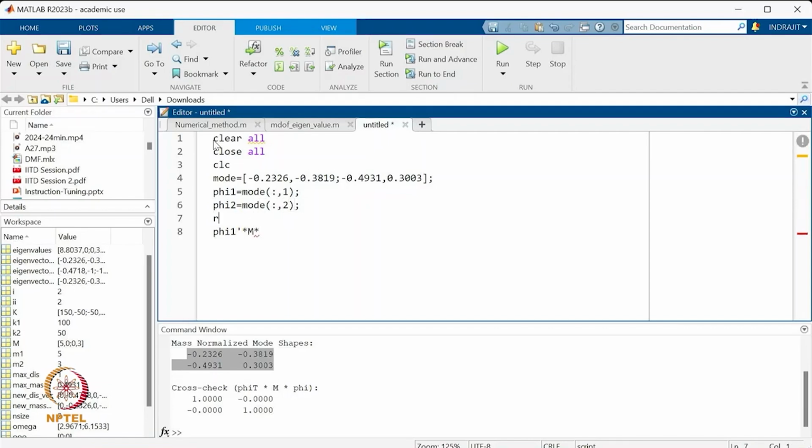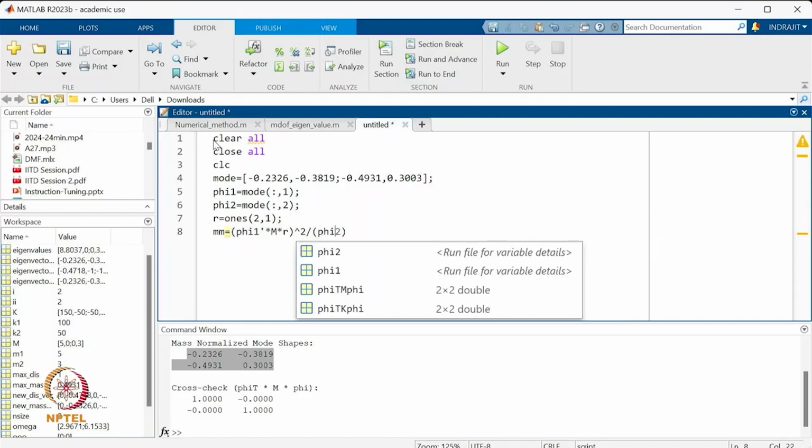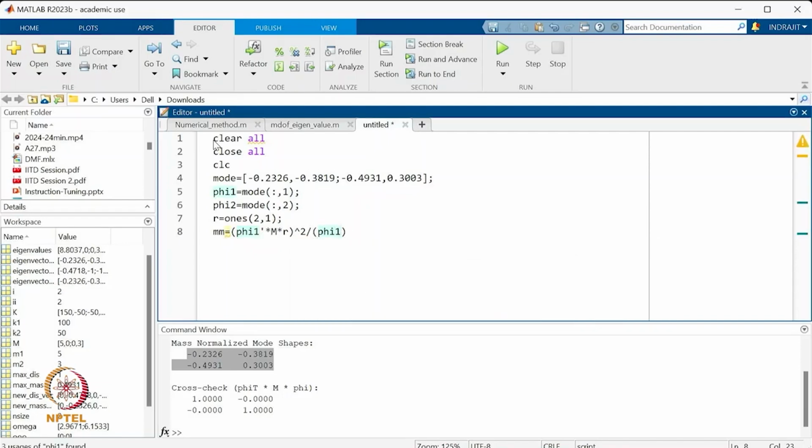So R will be equal to [1; 1] ones, into R. So M1 will be equal to this one squared divided by phi1 transpose into M into phi1. Okay, so that is my M1.